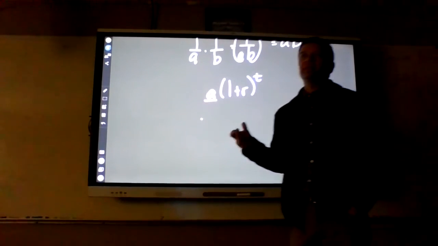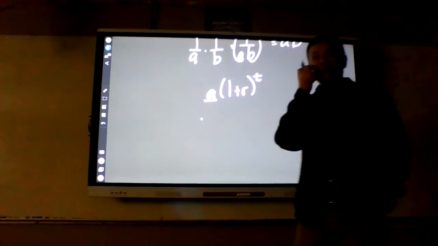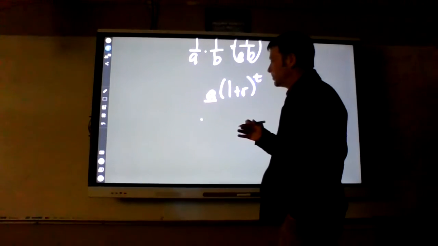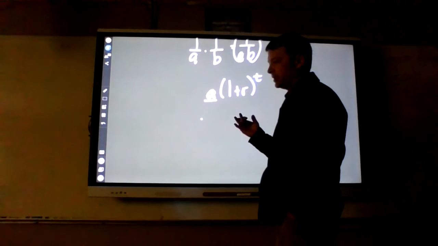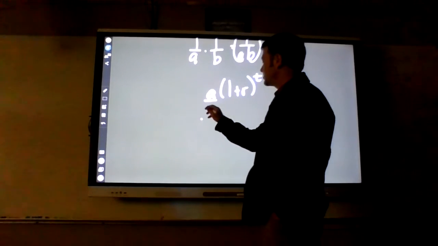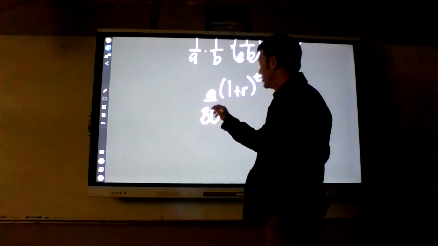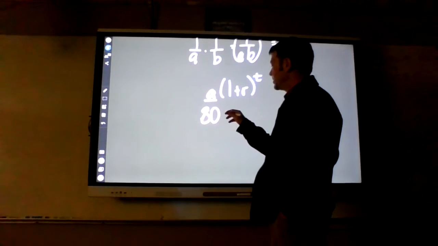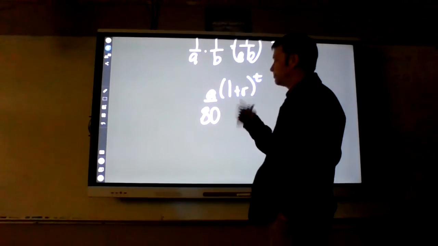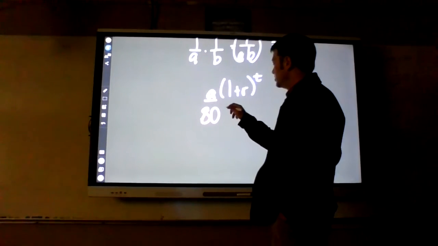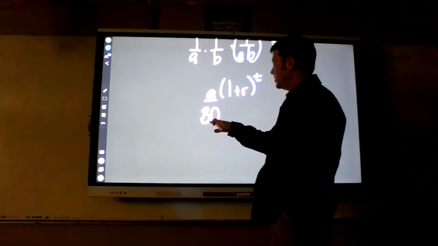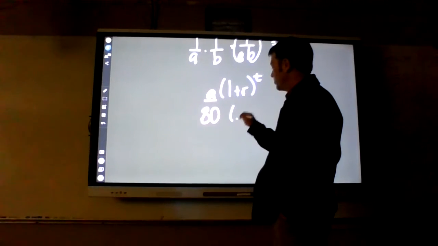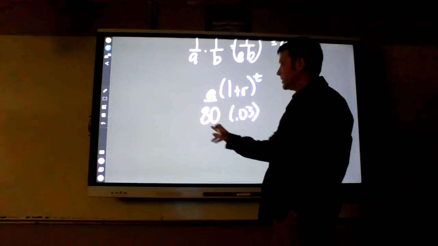So let's do an example. Let's say there were 80 kids in high school, and the population of the high school increases 3% every year. So how do I make 80 go up by 3%? You could do 80 times 0.03 and then just add that back to 80.